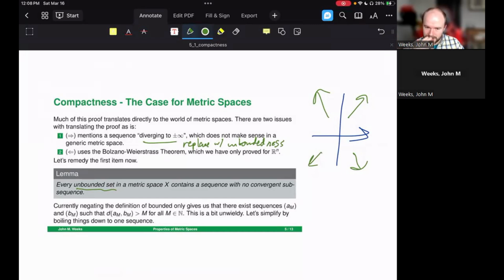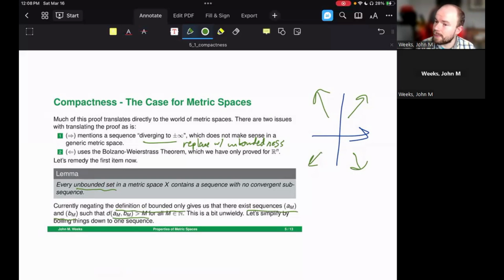So, first lemma: every unbounded set in a metric space contains a sequence with no convergent subsequence. Basically, if we negate the definition of bounded, this only gives us that there are sequences a sub m and b sub m such that the distance between any corresponding elements of those two sequences is greater than m for all m in the natural numbers.